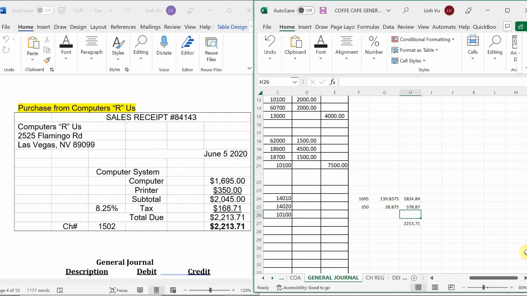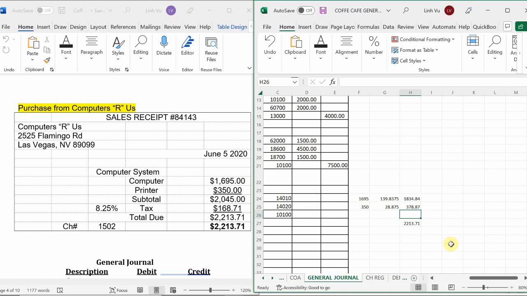Because of the amount that it's totaling up to. You are more likely to increase the $1,695 versus the $350 because you're prorating the tax, right? So that's also a rule of thumb there too: you can automatically assume I'm going to put the extra penny into the computer system and decrease my lower amount for my printer by the penny. And that way you can figure out where to split your pennies here.